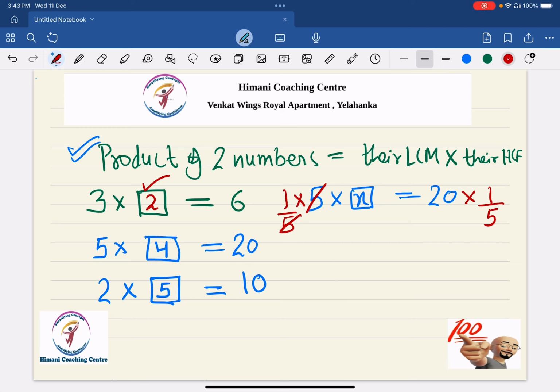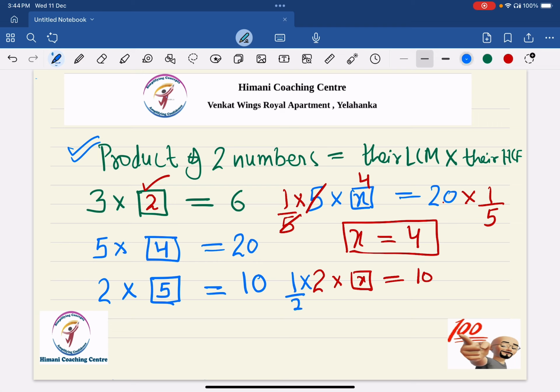So what are we left with? We are just left with x. While 20 divided by 5 gives us 4. So the fill in the blanks answer would be 4. Similarly, let us do this. 2 times x, which we want to find, is equal to 10. Find the reciprocal of 2, which is 1 by 2. Multiply both sides by 1 by 2. So what will happen? Here we will get just x. Here 10 divided by 2 gives us 5.